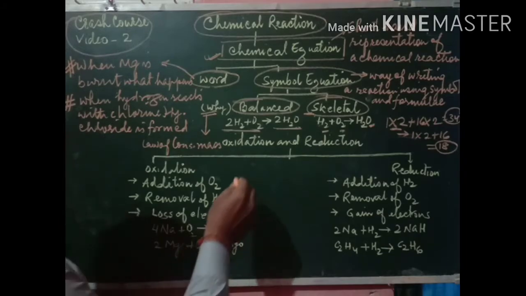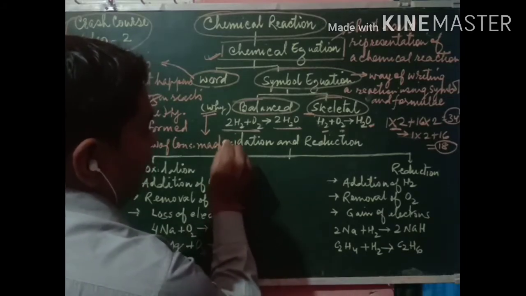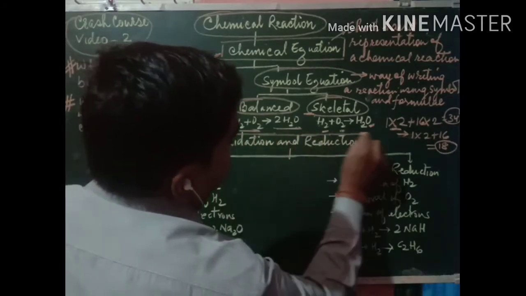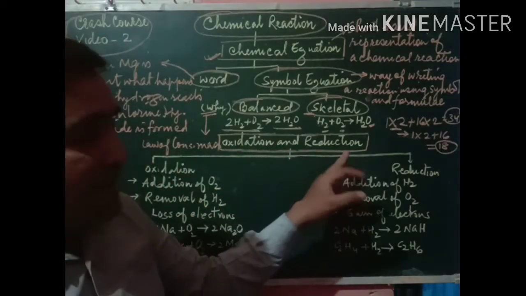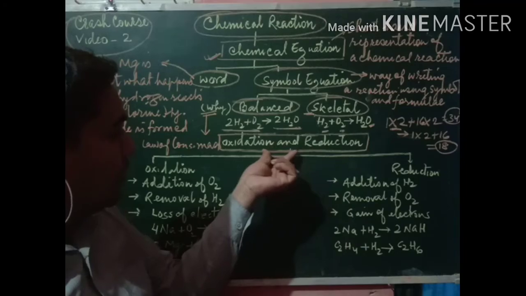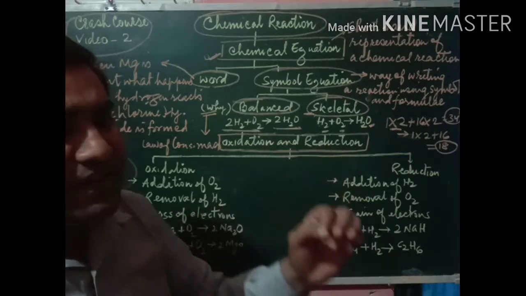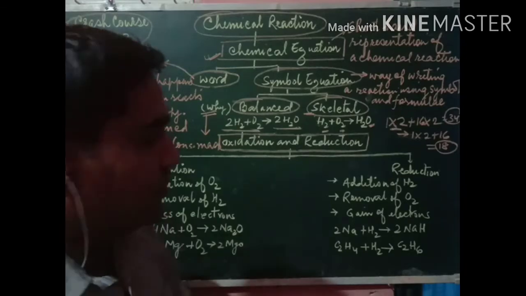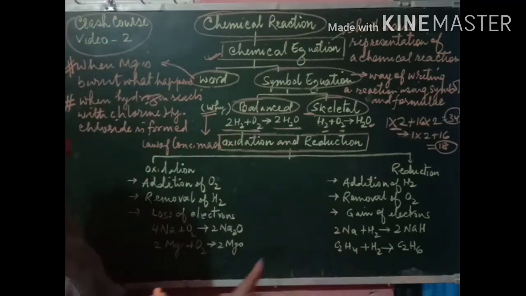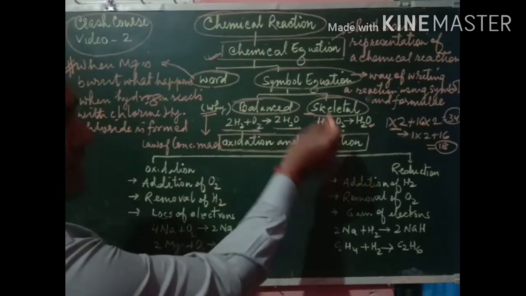Okay, see, next is oxidation and reduction. Actually, on the basis of oxidation and reduction, some more things we have to read in redox reactions, but simple definitions are there: what is oxidation and reduction.